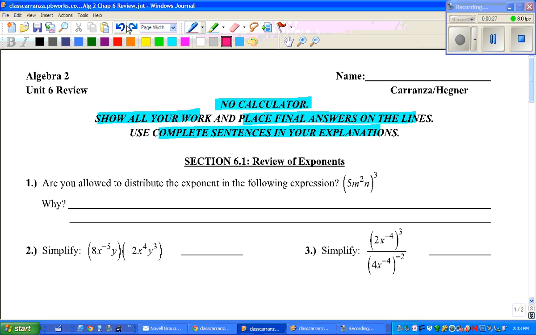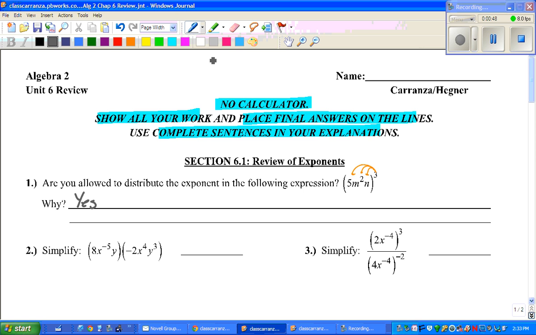Are you allowed to distribute the exponent in the following expression? Well, yes or no? The answer is yes, because you distributed everything.